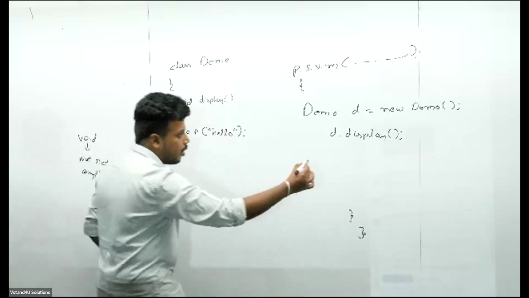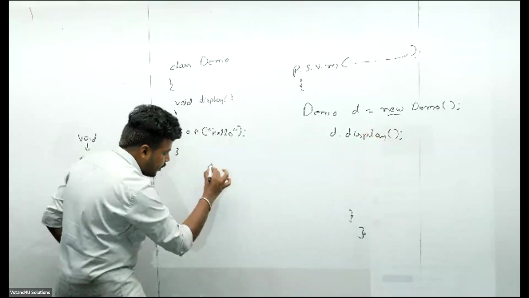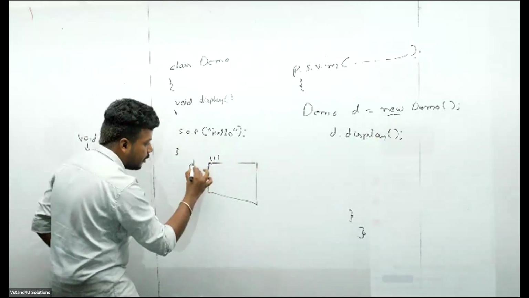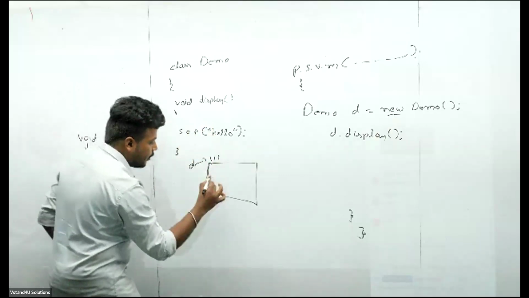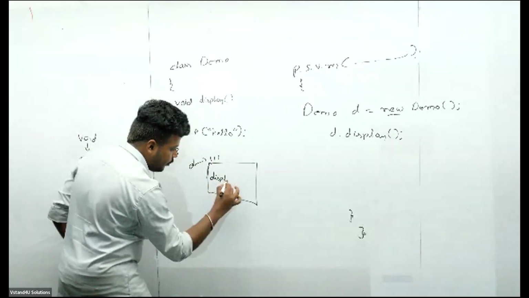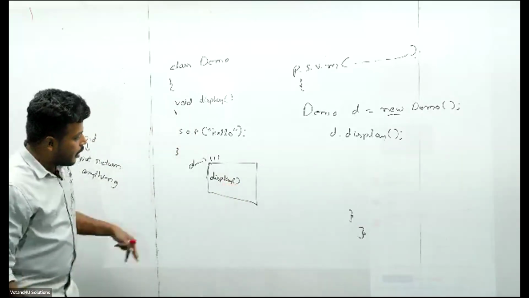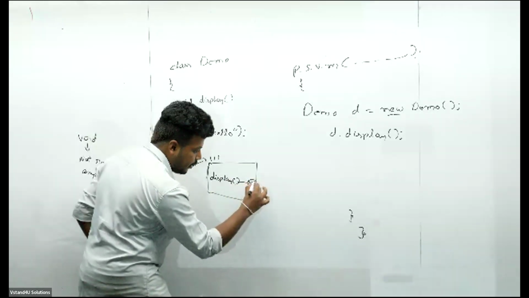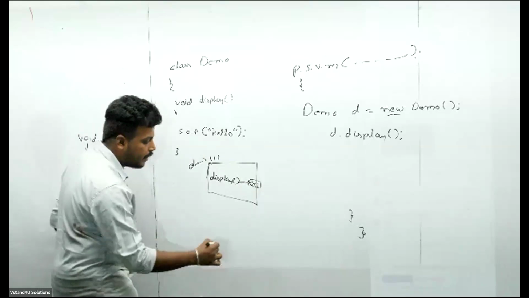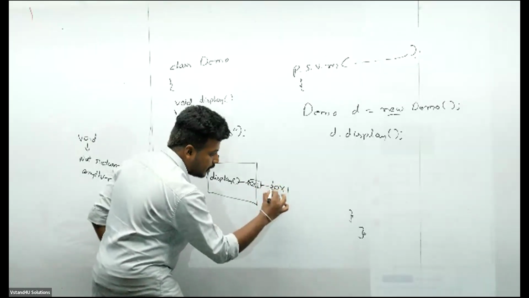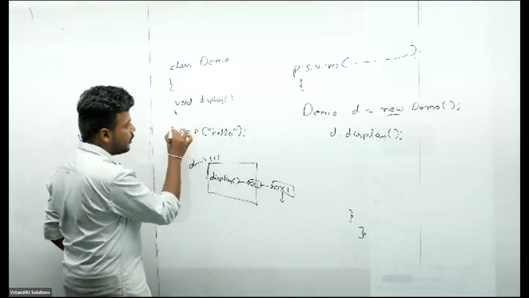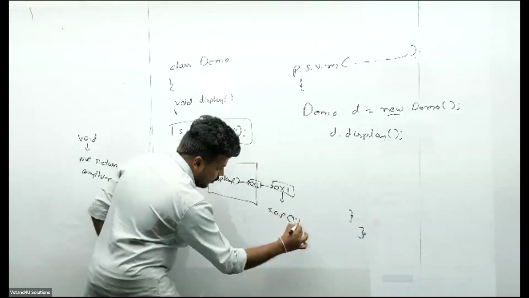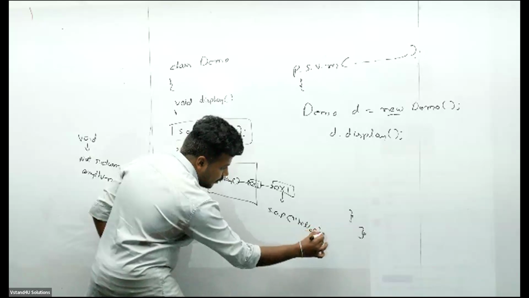When I use the new operator, it will automatically create memory with a random address, which is referenced by d. After display, it will again go to the random address value, and that random address will store this printing statement.